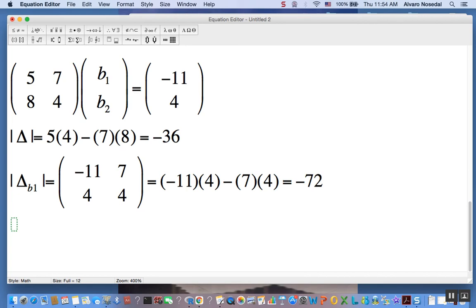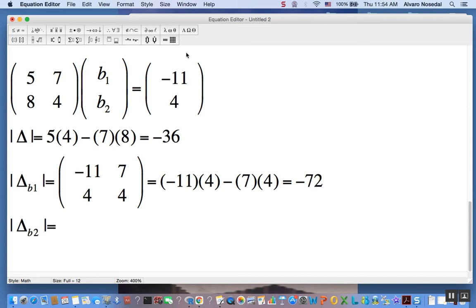Let's do something similar for delta B2. Now that's going to be the next quantity. So in that case, instead of substituting the first column, we're going to substitute the second column vector by this column vector. Okay?